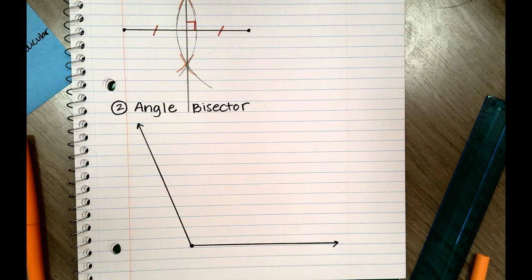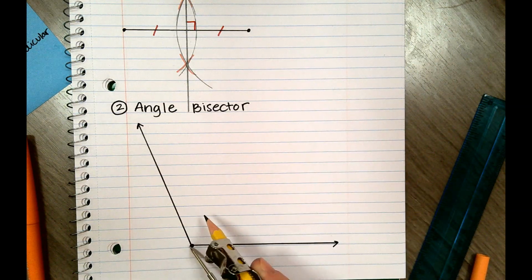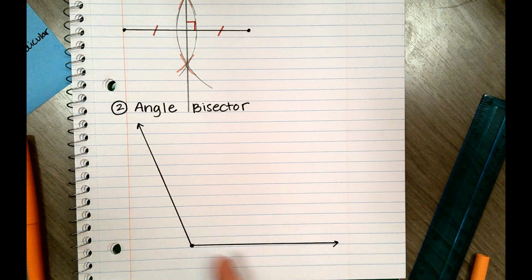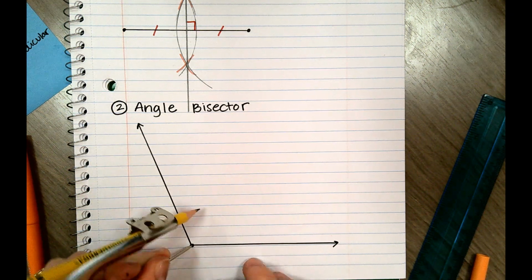You have a picture of it, it's the point of the compass on the vertex. Create an arc. Okay, so place the point of the compass on the vertex. That's right here. And we're going to create an arc.